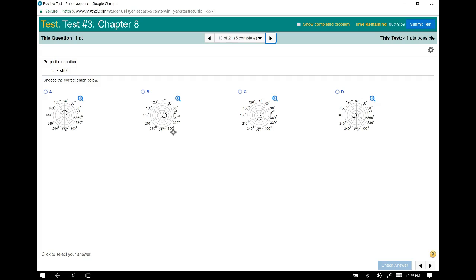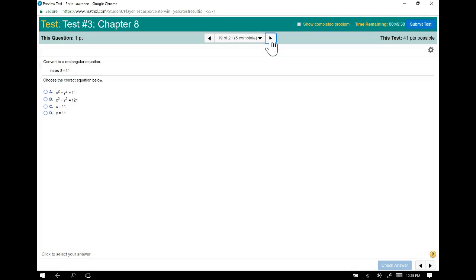I just had to mess with my window a little bit. So you can put your calculator in polar mode and type that equation into Y equals. I had to reset my window; using radians was the trick. Unfortunately, I don't have any way to show you really what I'm doing on my calculator. But I do want to show you these last couple really quick.